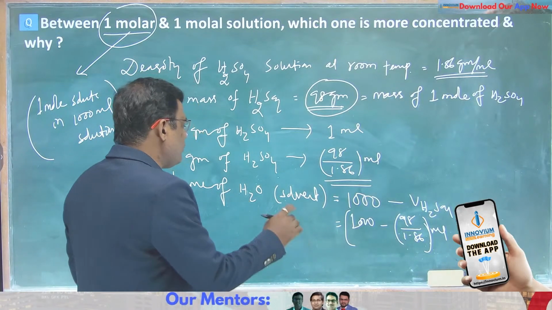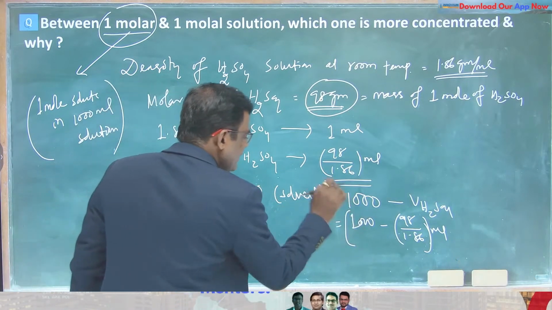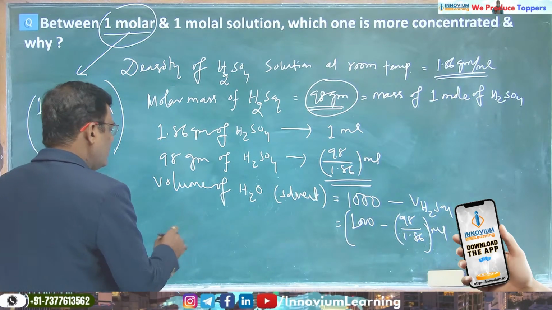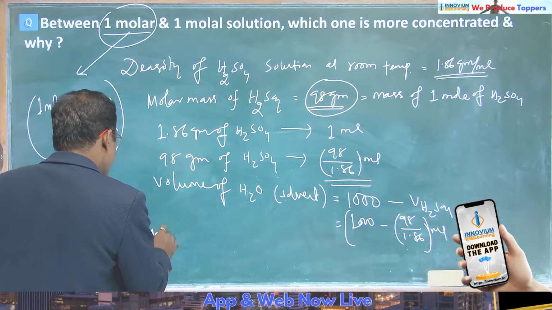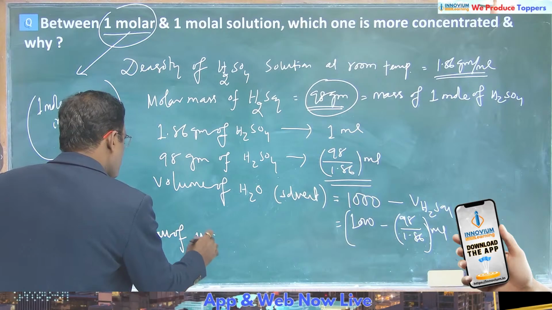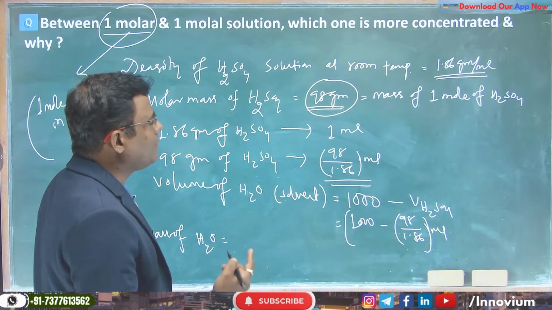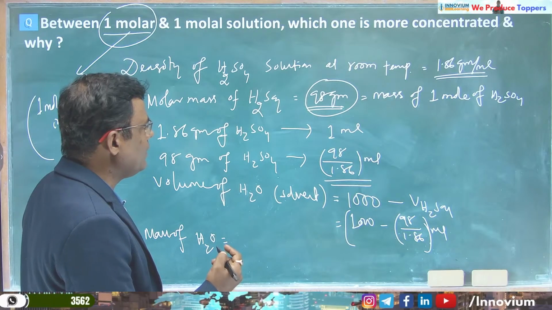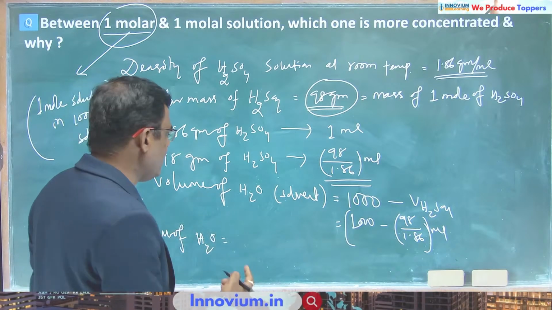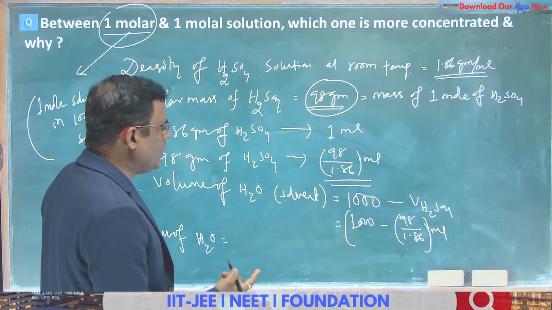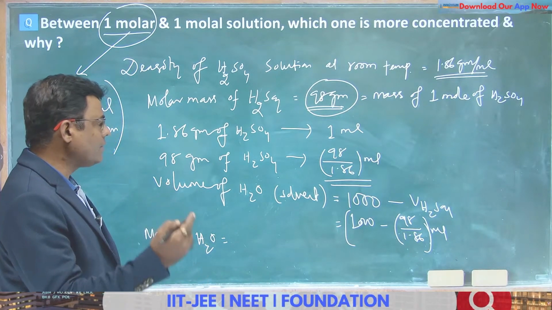Then if the volume of water is less than 1000 ml, what will be the mass of water? So the mass of H2O will be what? You know that at room temperature, density of water is 1 gram per ml. And if we know the volume of water, easily we can calculate the mass of water.